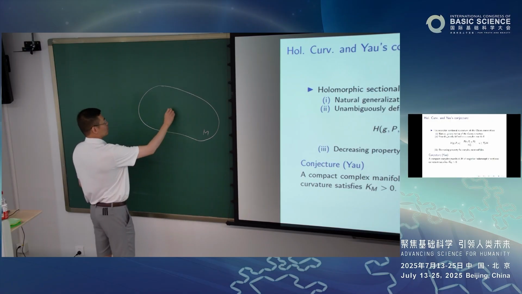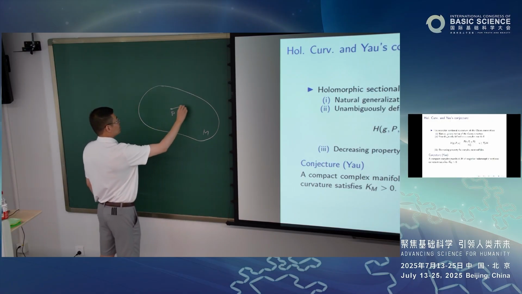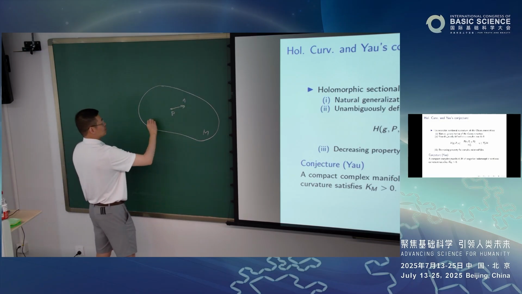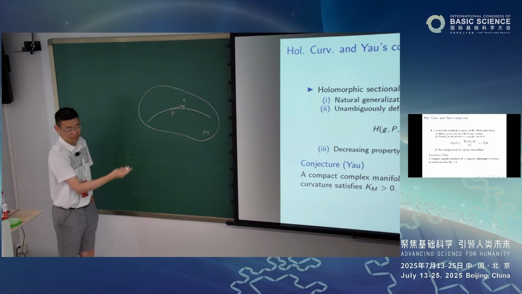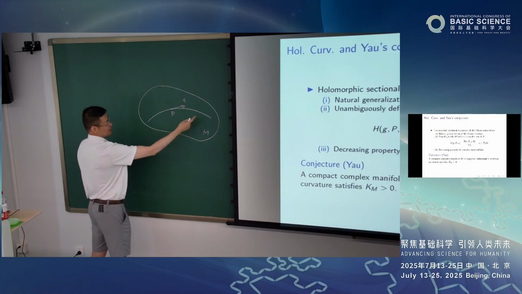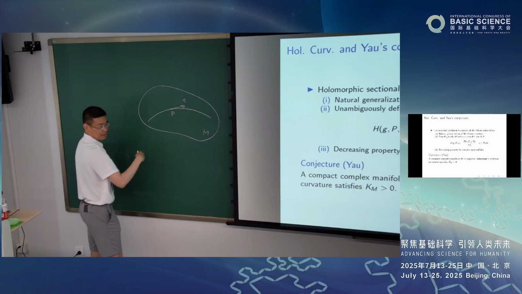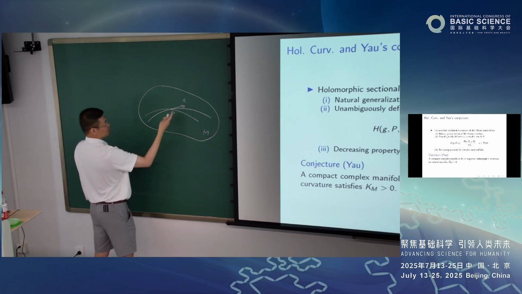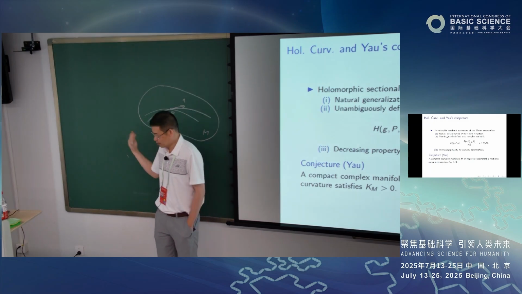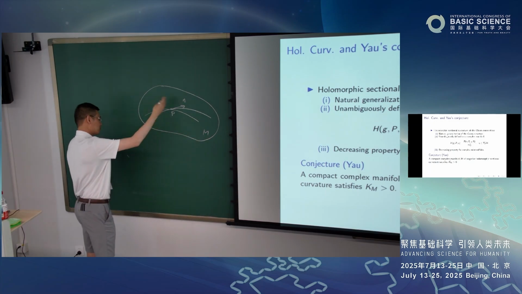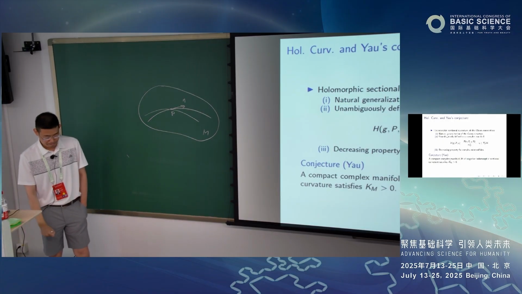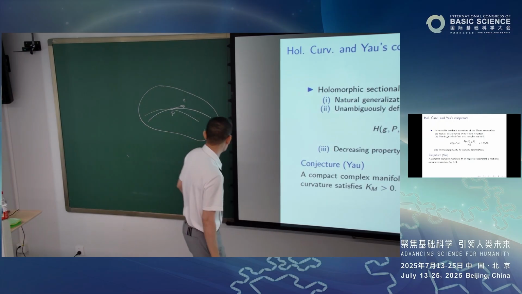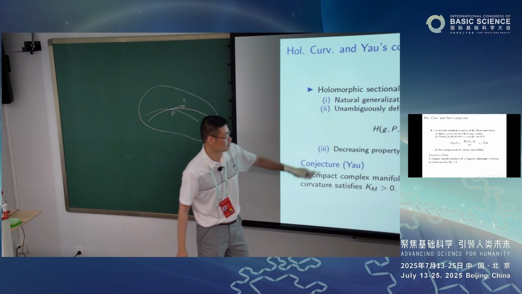For a point and a tangent vector, you take a complex curve, which is a Riemann surface, and look at its Gauss curvature. But you can have different curves through the point with the same tangent vector, giving different Gauss curvatures. You take the supremum of all these Gauss curvatures, and define it to be the holomorphic sectional curvature at this point and direction. So that's what it is.